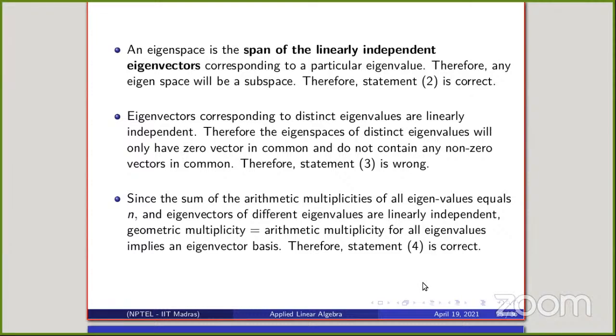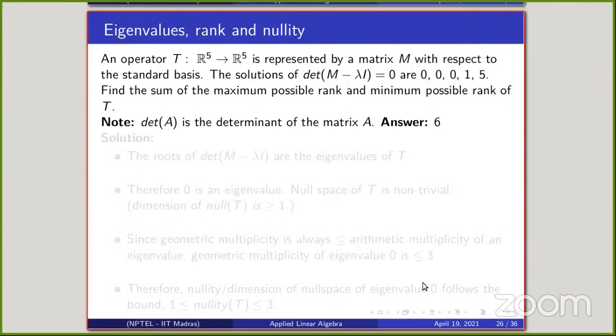Let us now go to the next question. It deals with eigenvalues and their implications on the rank and nullity of the matrix. We are given an operator T on the vector space R5, represented by matrix M with respect to the standard basis. The solutions of the characteristic equation determinant of M minus lambda equals 0 are 0 (three times), 1 and 5.